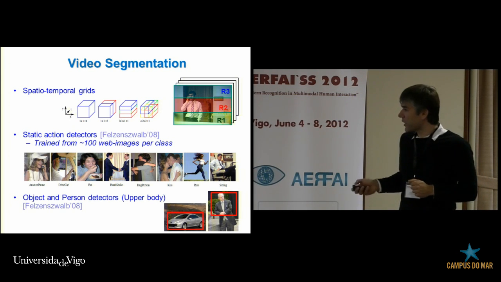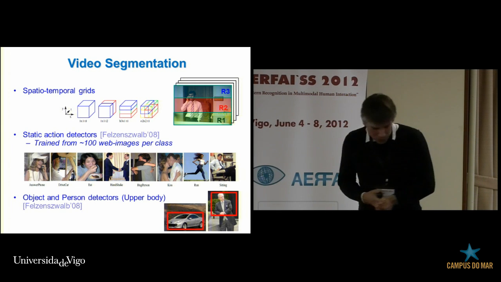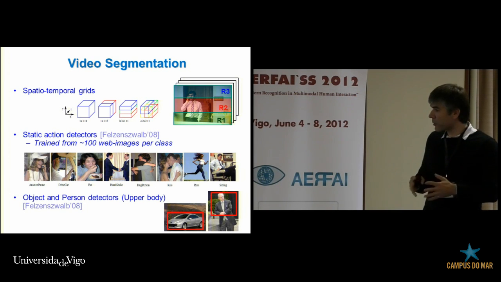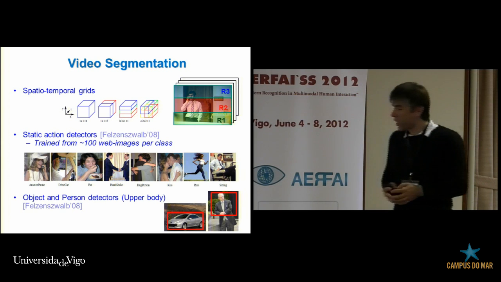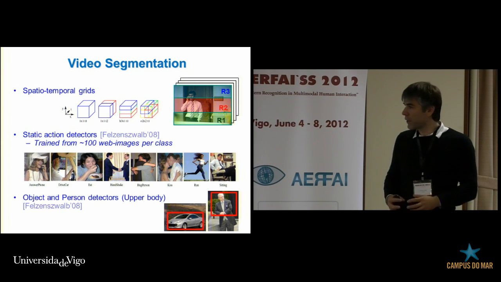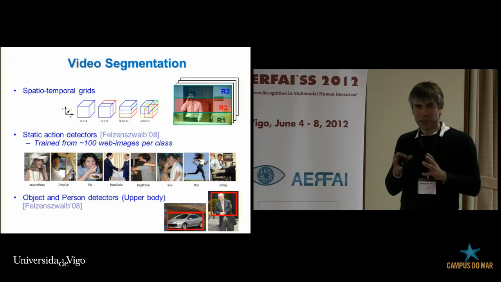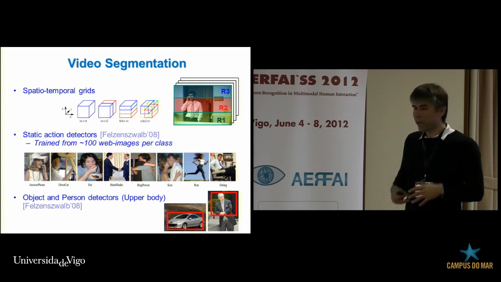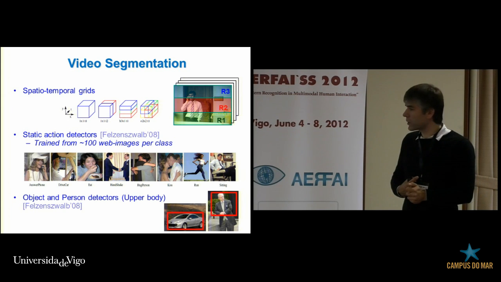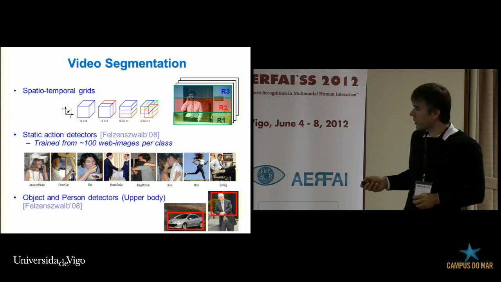Here is another type of possible segmentation. We download images for different actions from Google, and train a Pedro Felzenszwalb object detector. We run the object detector over all the frames and declare that wherever it fires, this is a rectangular region, and we collect a bag-of-features representation in it. We can do it for these action classes.